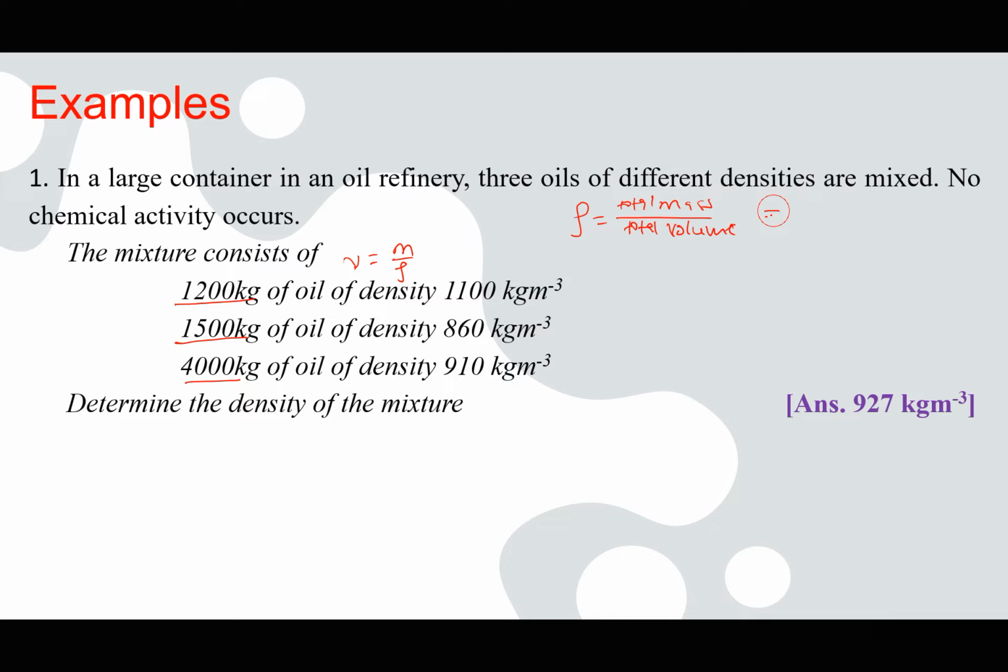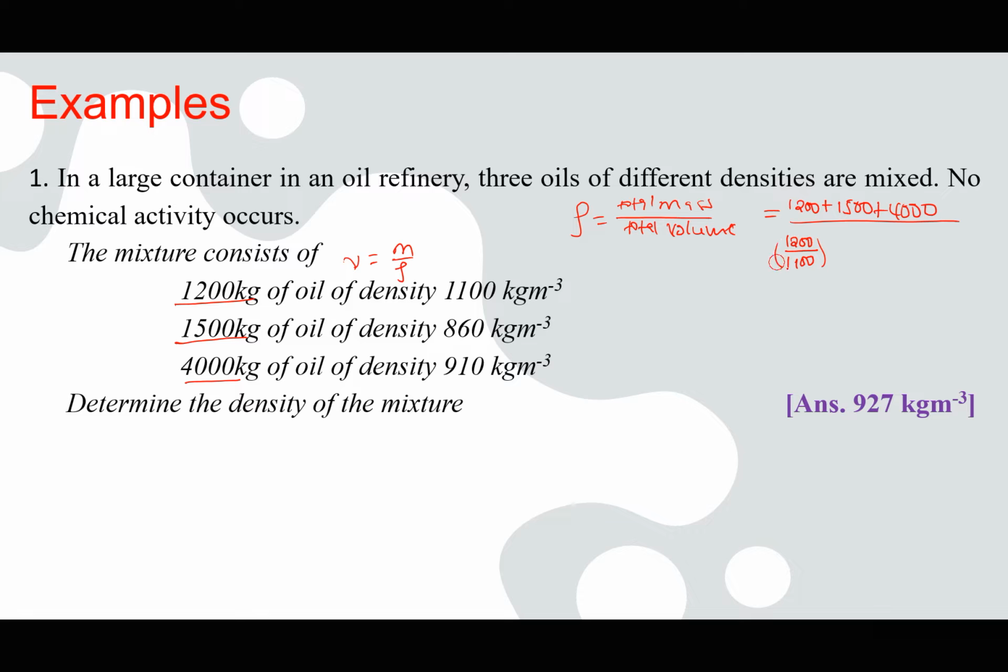So the total mass is going to be 1,200 plus 1,500 plus 4,000, divided by the total volume. I would get the volume of each of these oils. For the first one, the volume is mass over density. So that is 1,200 divided by the density, which is 1,100.